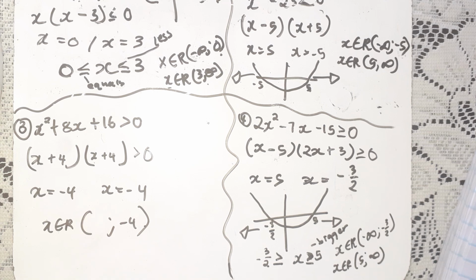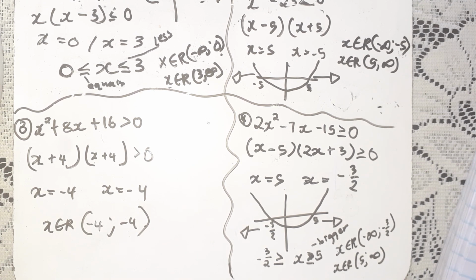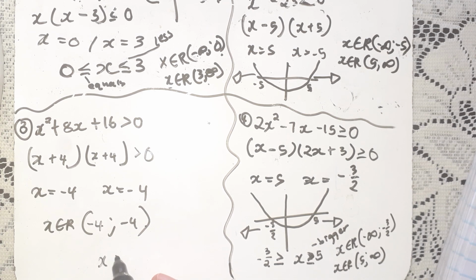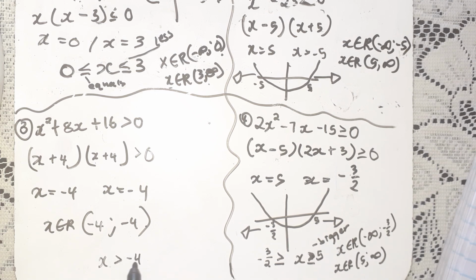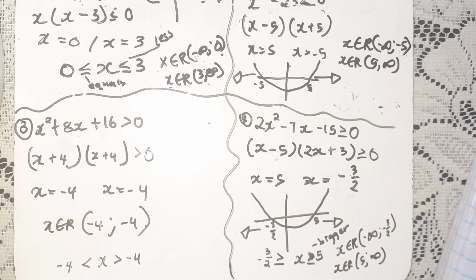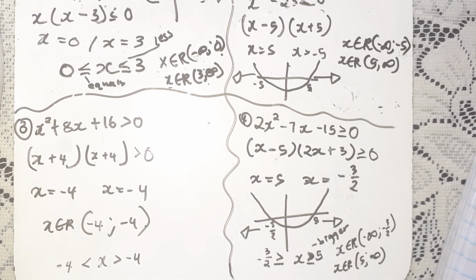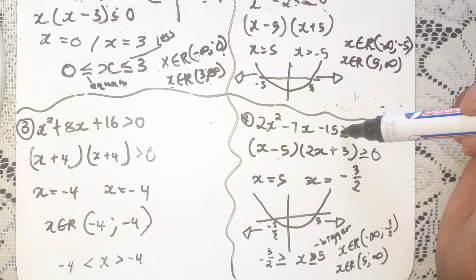Sorry, they're both negative 4, so you can say x is greater than 0 when x is greater than negative 4, or negative 4 is less than x.